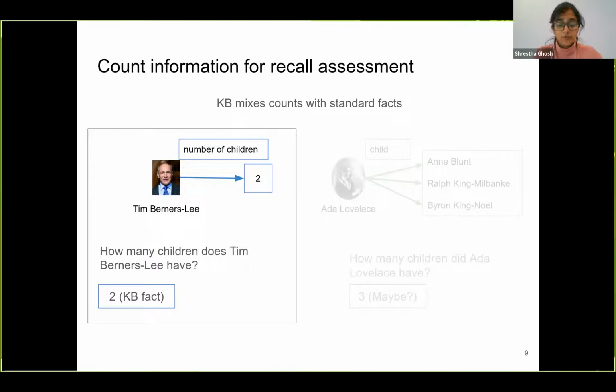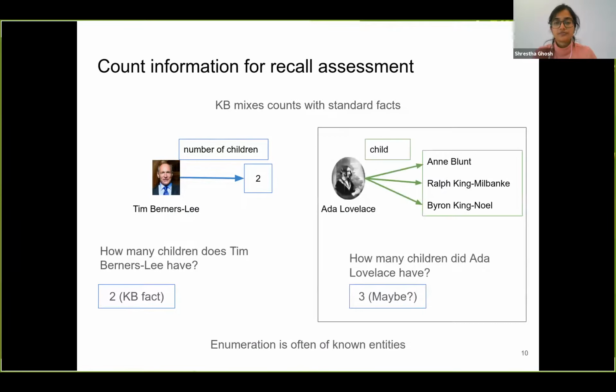But who these children are is unknown. Now, if we look at the same question for Ada Lovelace, the knowledge base does not have a count, but enumerates 3 children. Now we know that they are the children of Ada Lovelace, but we're not sure if they are complete.